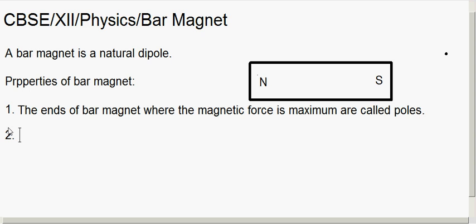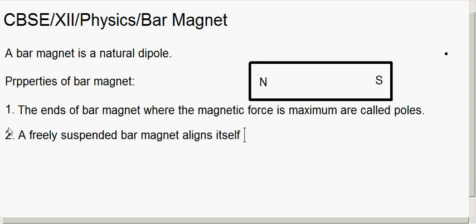A freely suspended bar magnet aligns itself in the north-south direction of Earth.